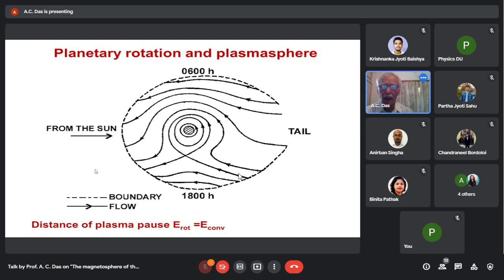This actually brings out a boundary which this plasma flow cannot enter, and there is a stagnation point which appears on the downside of the magnetosphere. So in the downside, there is a stagnation point. You can see cross null point like things where the electric field associated with the rotational motion and the electric field associated with the plasma convection get cancelled.